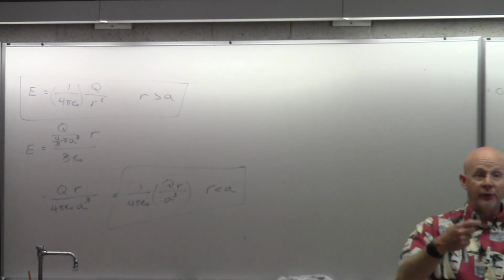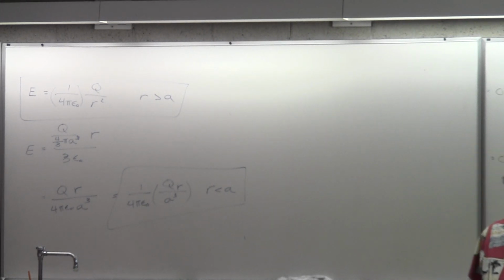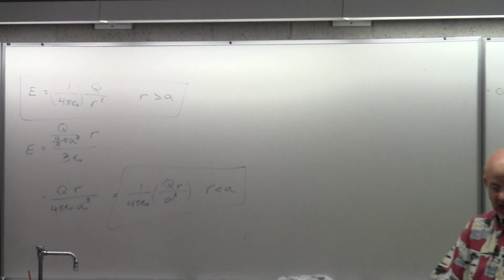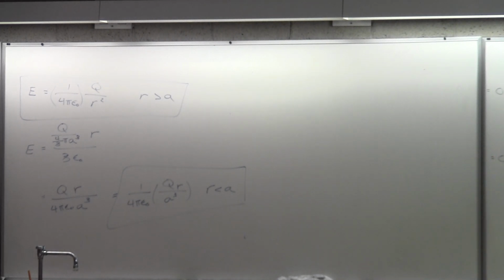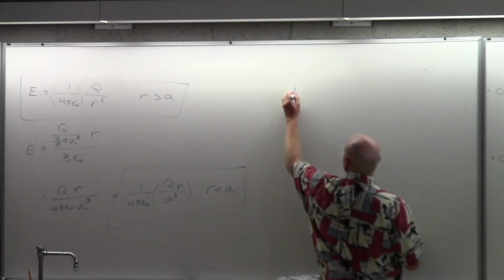And so as we go to further chapters and we need to know the electric field, because this chapter we're learning how to find the electric field, but you're going to need these equations for later on. You're going to remember, am I inside or outside the ball? So this wasn't asked in the problem, but what would we expect if R equals A, if we're actually on the surface of the ball?